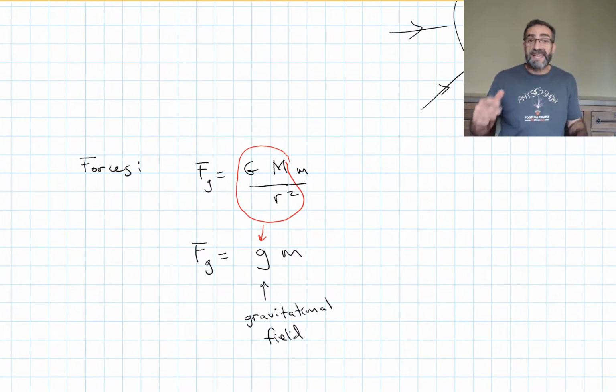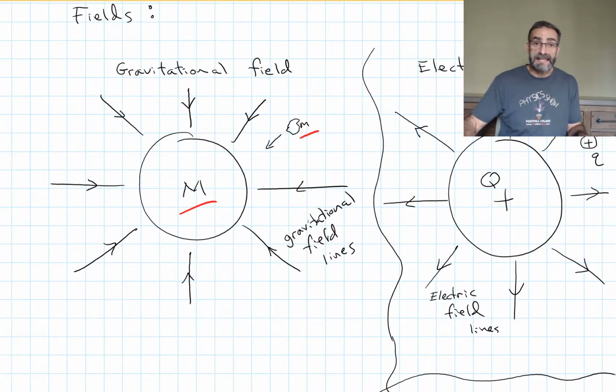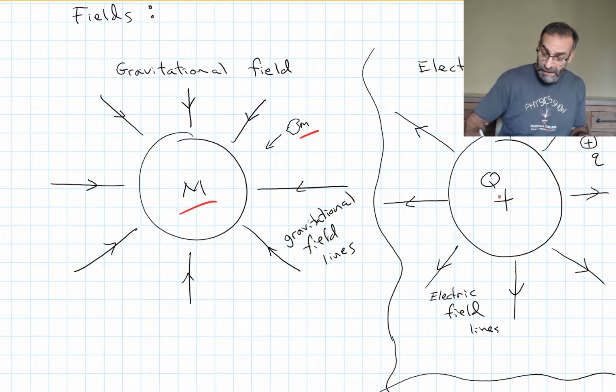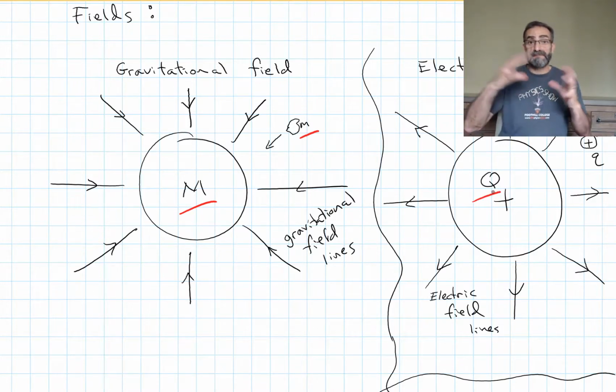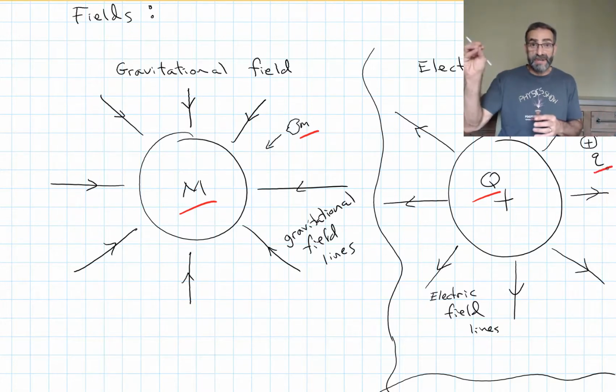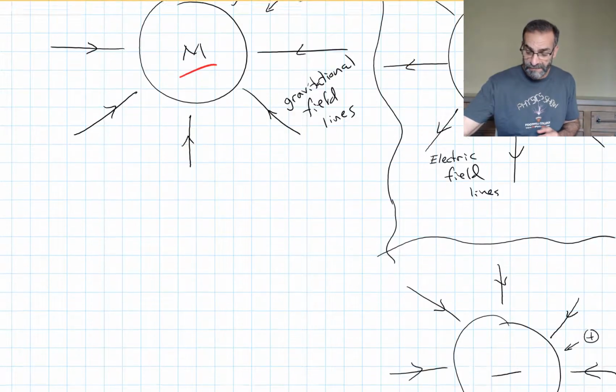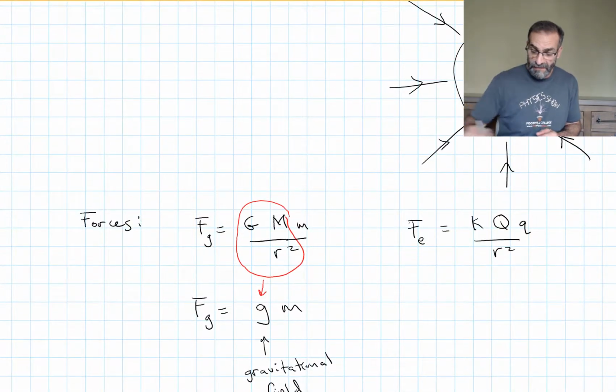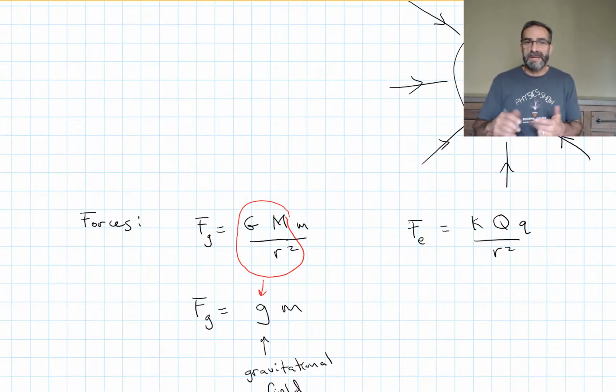Let's do the same thing with the electric force. Just like I did with the mass, I'm going to use capital Q for the charge of the big charge that's creating the electric field. And I'm going to use lowercase q for the little test charge that I'm putting in the field that's feeling the force because of that field. So my force is K Q q over r squared. And I don't want to have to calculate this all the time when capital Q and r aren't changing.